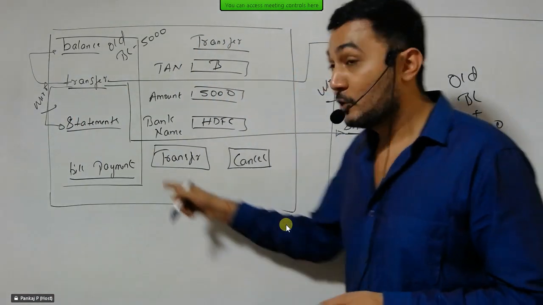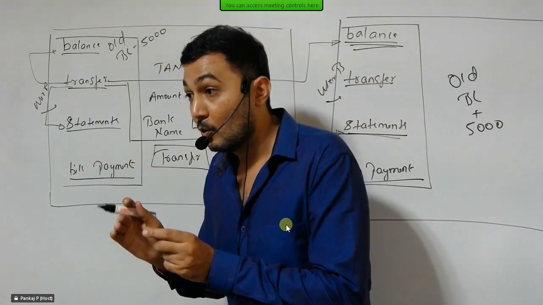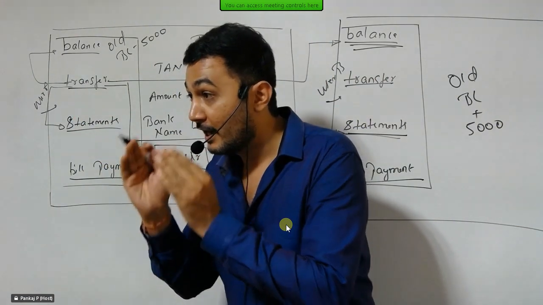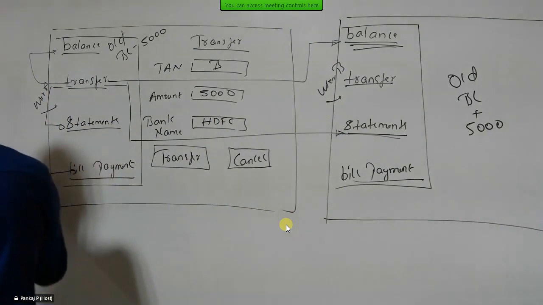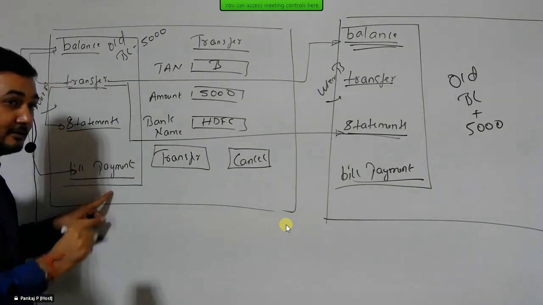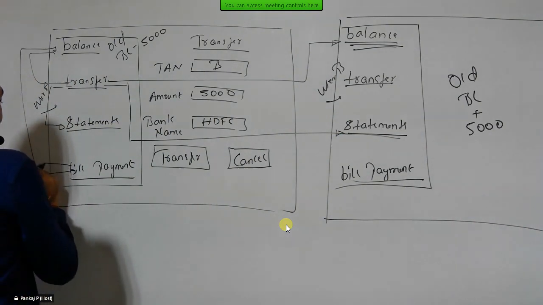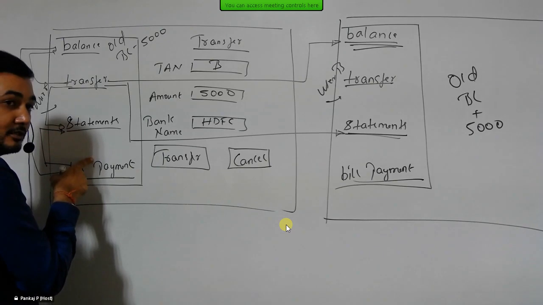Right. Look at here now. You click on bill payment. You make the bill payment. Once the bill payment has been done, when I go to the balance feature, it should be old balance minus bill paid. Also, the bill paid data should be reflected in statements.